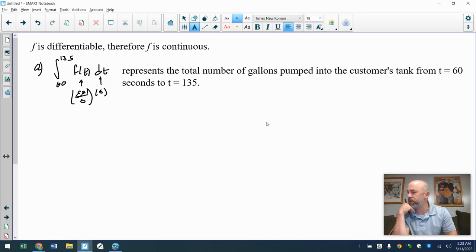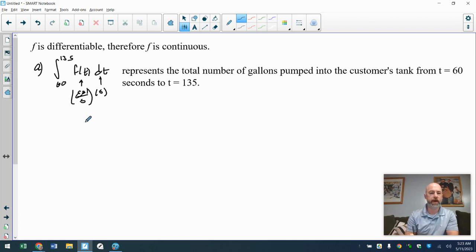So there is the interpretation of the integral. And then it says use a right Riemann sum to approximate this. So for a right Riemann sum, we need the delta x's for the bases of the rectangles, and the function values for the heights. From 60 to 90 is a base of 30, and we're using the height on the right side, which is 0.15, plus my next interval from 90 to 120, which also has a base of 30 and a height of the function value at 120, which is 0.1.